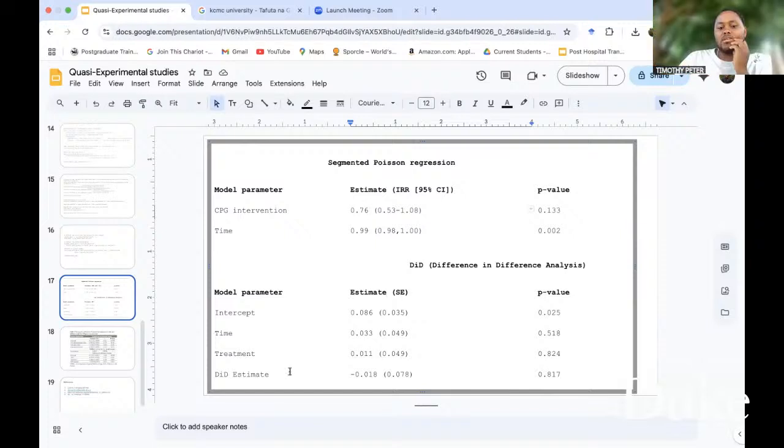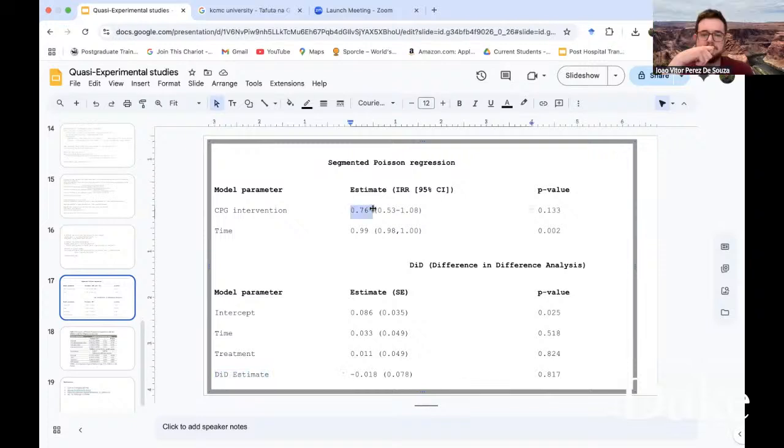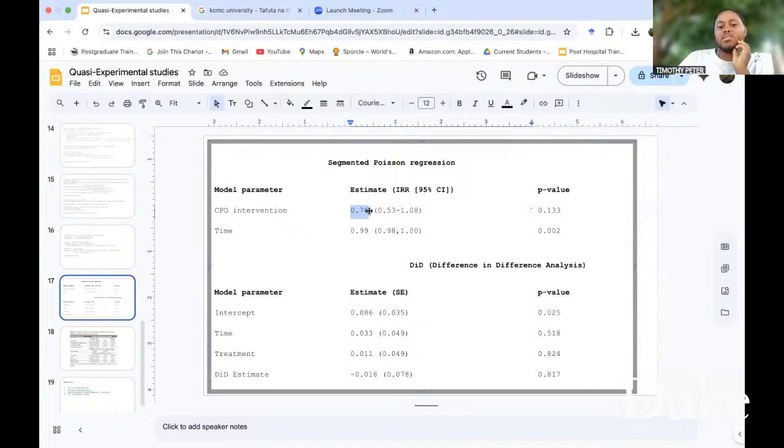Yeah, the DID estimate was done to prove this. As we see, those patients who are treated with the CPG benefit. They have a lower incidence rate ratio compared to those who were not treated with CPG.